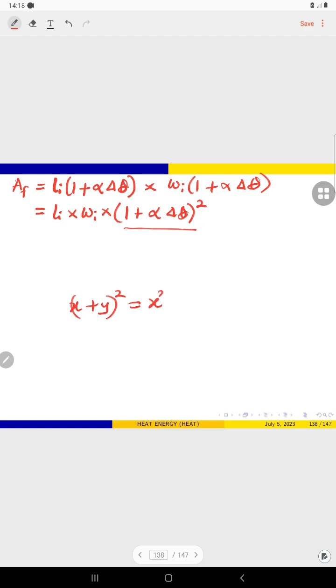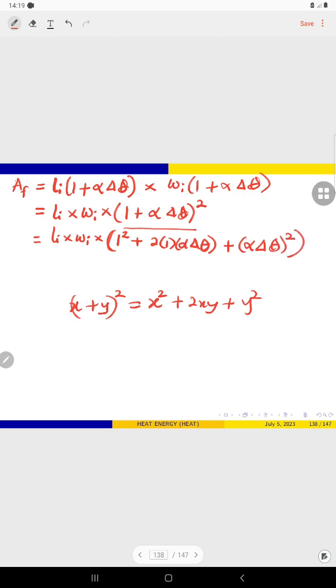So when we simplify this, from basic mathematics, the binomial expansion becomes x squared plus 2xy plus y squared. So I'm applying that here and I'm going to get LI times WI times, this will give me 1 squared, which is 1, plus 2 times 1 times alpha delta theta, plus alpha delta theta all squared, right?